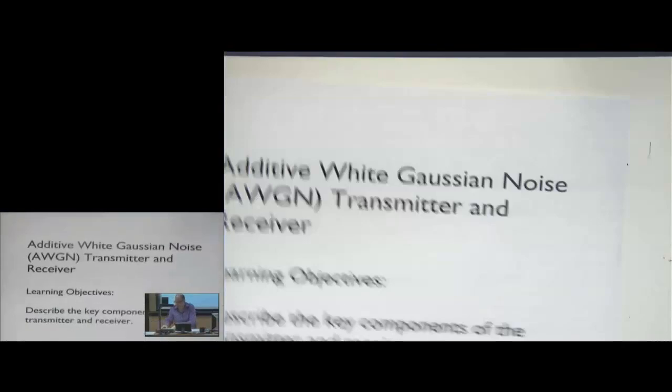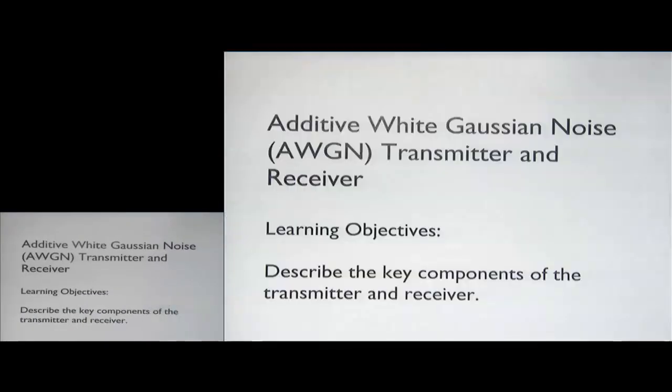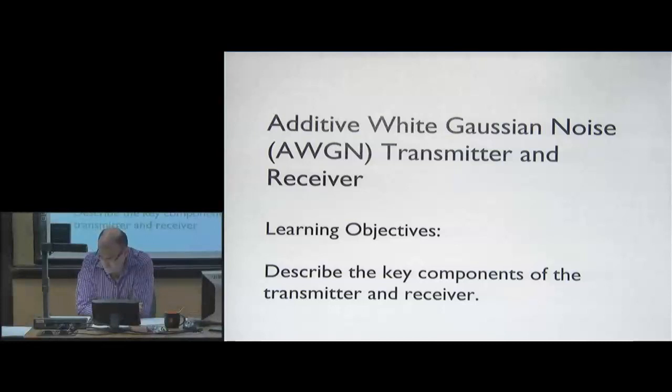Okay, wait a second here. All right, so the time we have left here, I think this is probably all we'll get to. We're going to look at the transmitter and receiver structure that corresponds to the kind of signals that we're postulating here. And so what you want to be able to do here is draw this block diagram out and explain the different functions.